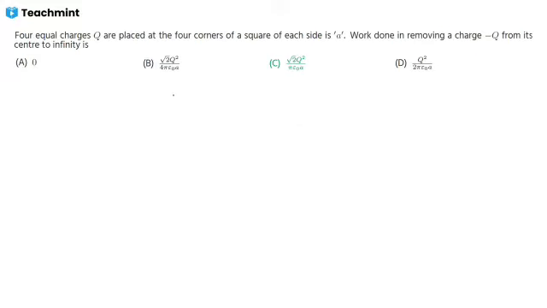Now see the next question. Four equal charges Q are placed at the four corners of a square of each side A. Now the work done in removing a charge minus Q from its center is?